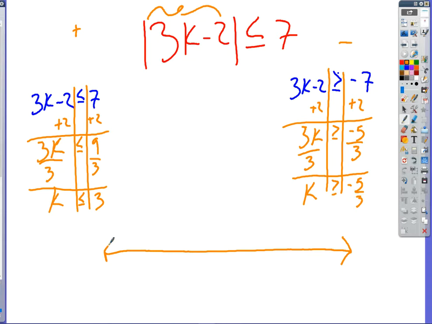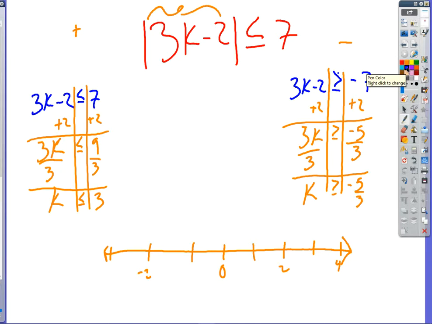Okay, let's put 0 in the middle. And let's go 1, 2, 3, 4, 1, -2, -3. Will I be using open or closed dots? Closed, because it could be equal to.